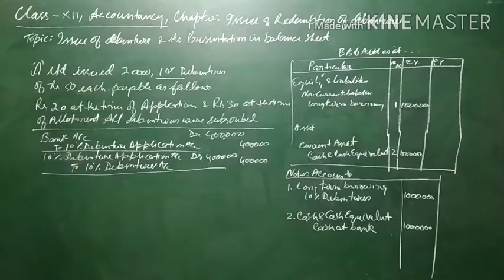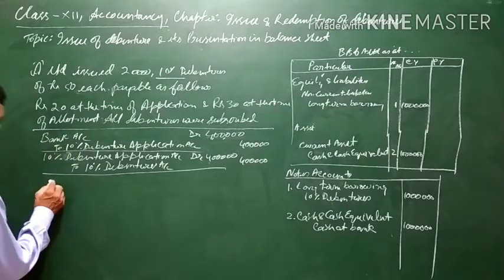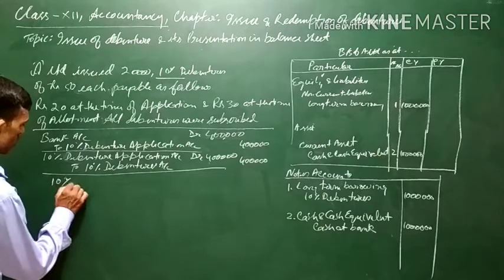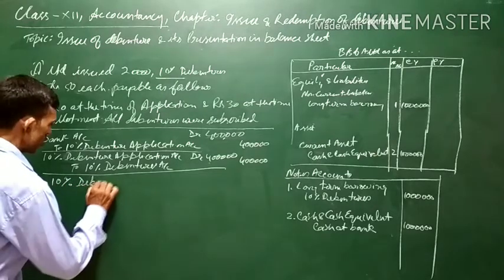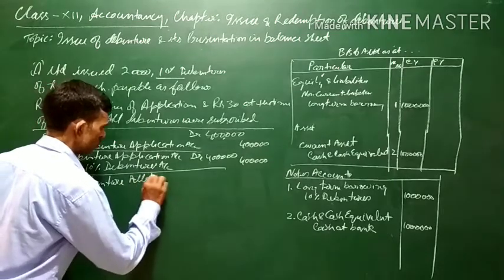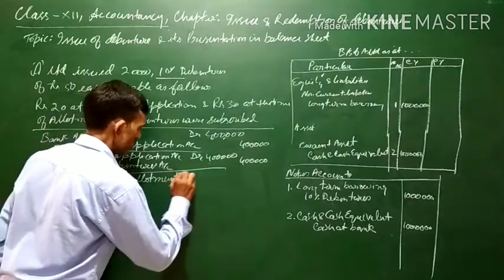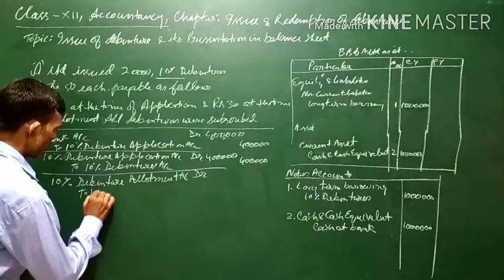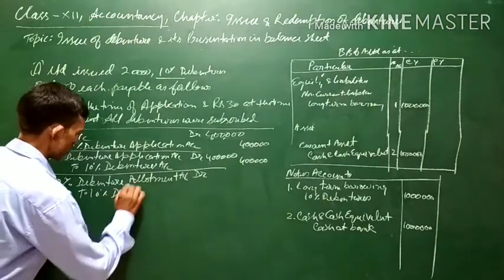Now the allotment money will be called. Entry will be again 10% debenture allotment account debit to 10% debenture account.